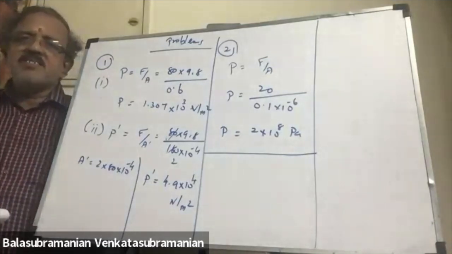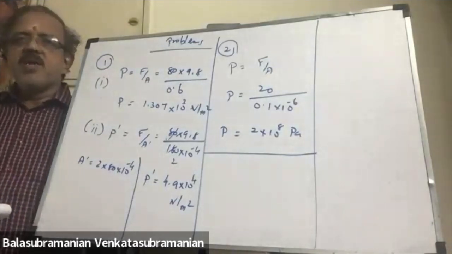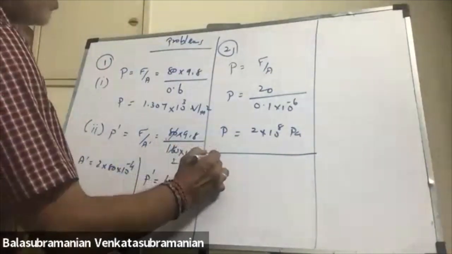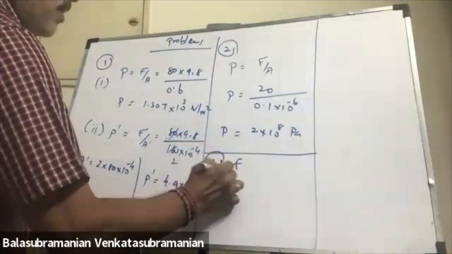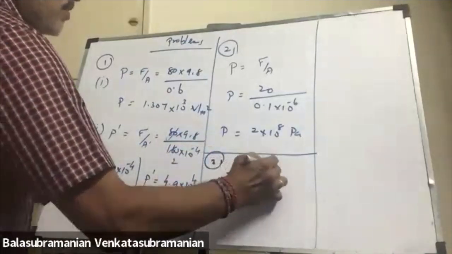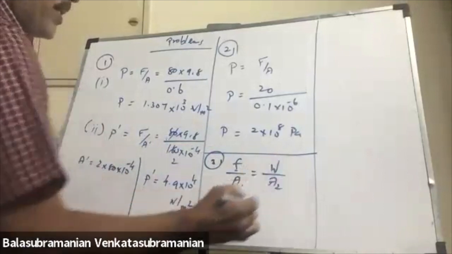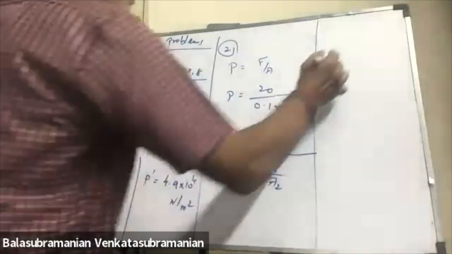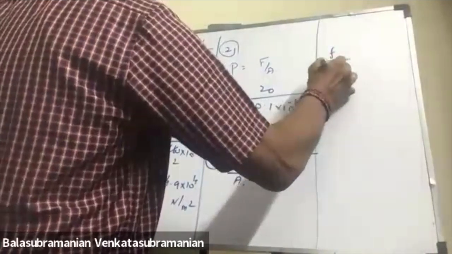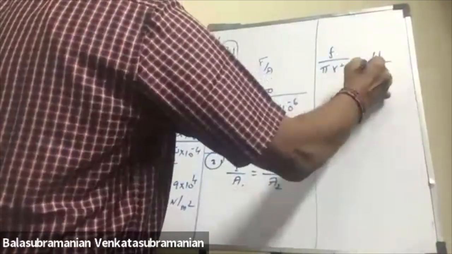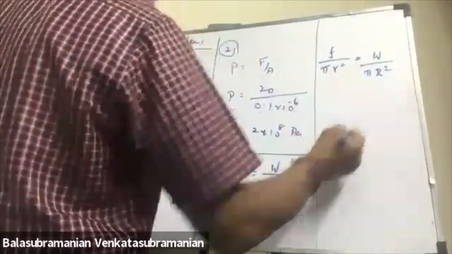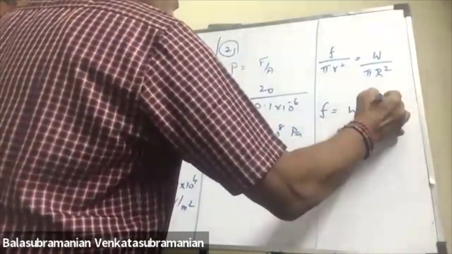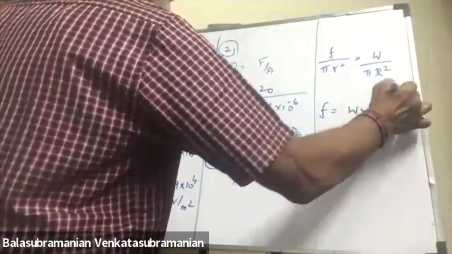Hydraulic lift, Pascal's law application. F by A1 is equal to W by A2. F by pi r square is equal to W by pi capital R square. F is equal to W into r by R the whole square.